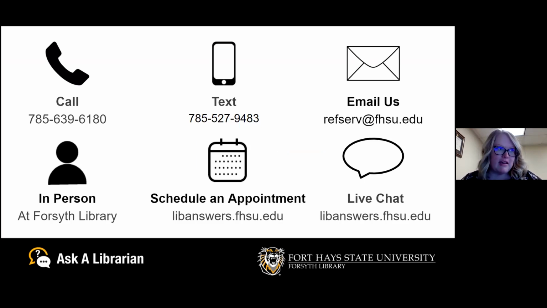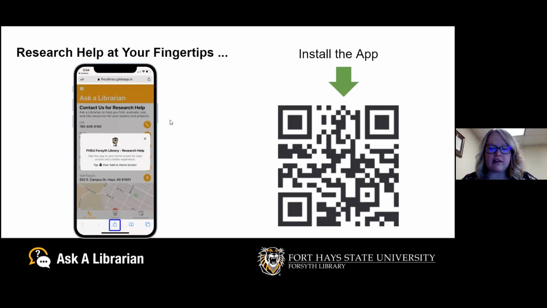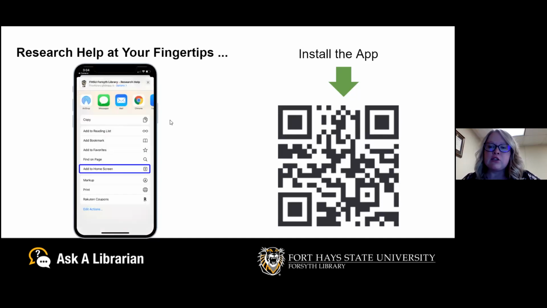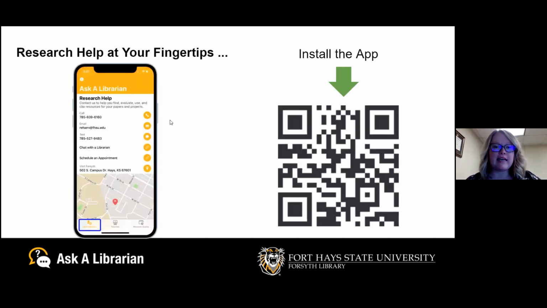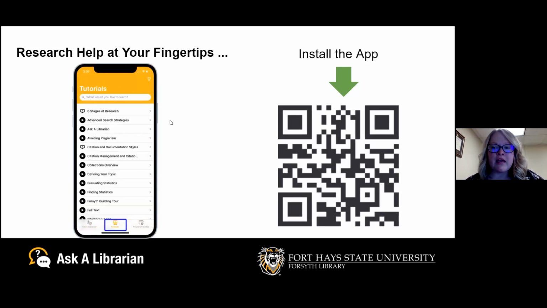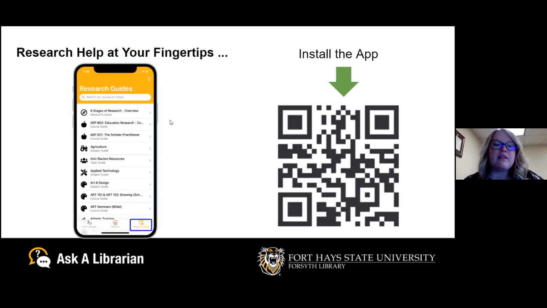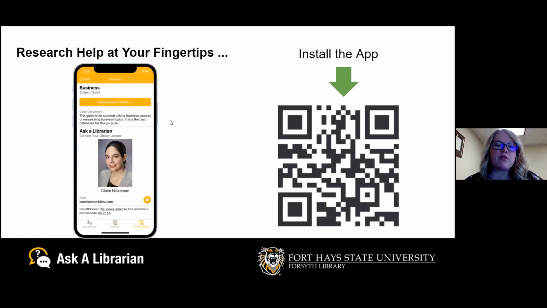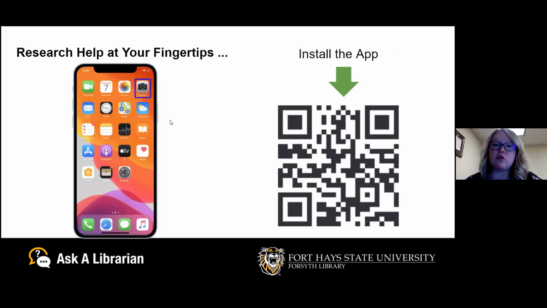The next page, Robin, is to connect you all with the Forsyth Library app. So if you want to take out a mobile device, you can scan that QR code and it will give you instructions to install the app. I have also put the link in the chat, so you can also connect to it through that link. And this app will provide you with the Ask a Librarian service, all the different contact methods that were on the previous screen.